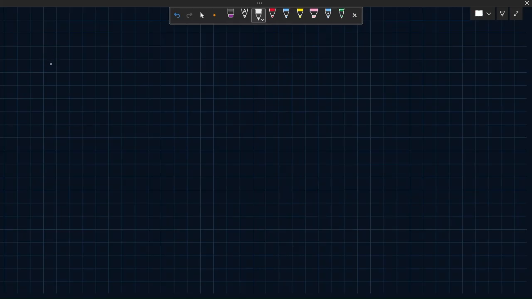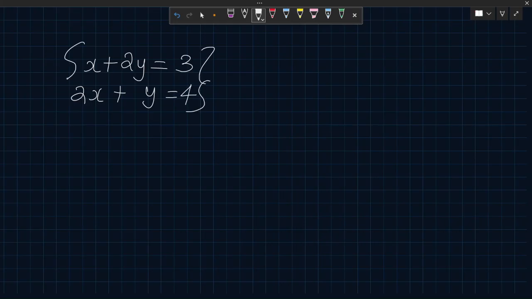One of the methods, I'll just show you very briefly. Suppose I have the equation x plus 2y is 3, and 2x plus y is 4. I need to find the value of x and y such that these two conditions are satisfied.